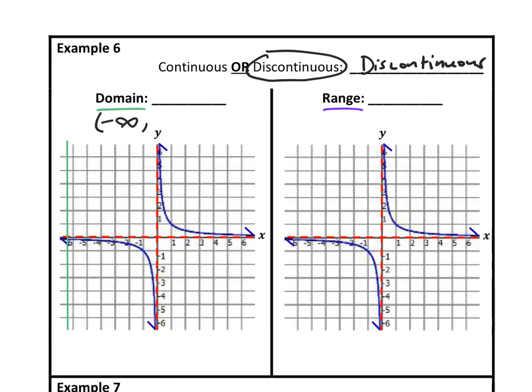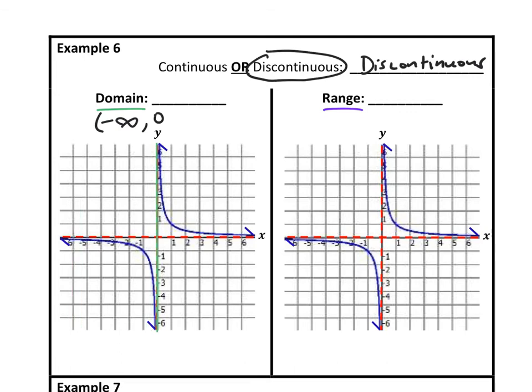Then we keep moving towards the right, hitting the graph, hitting the graph, hitting the graph, all along this point. But there's a gap that happens right around here. This is -6, -5, -4, -3, -2, -1, 0. It happens at 0. So put 0 there.